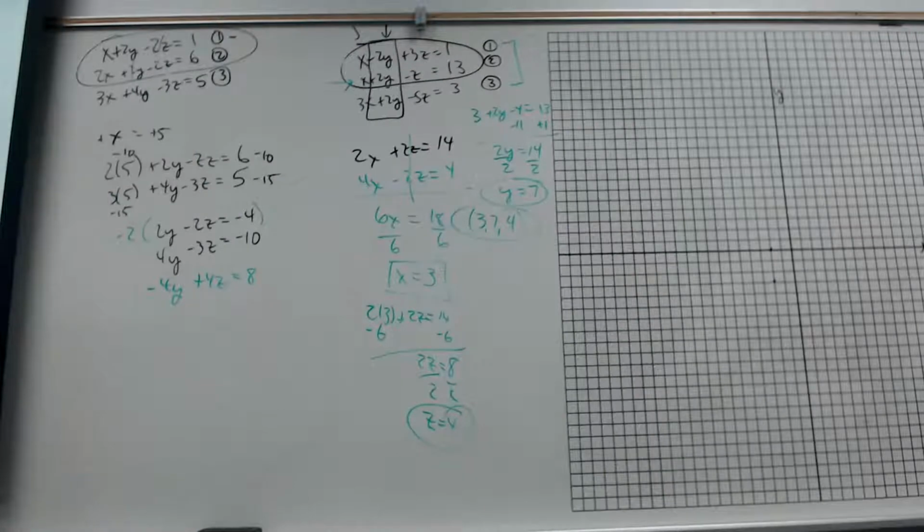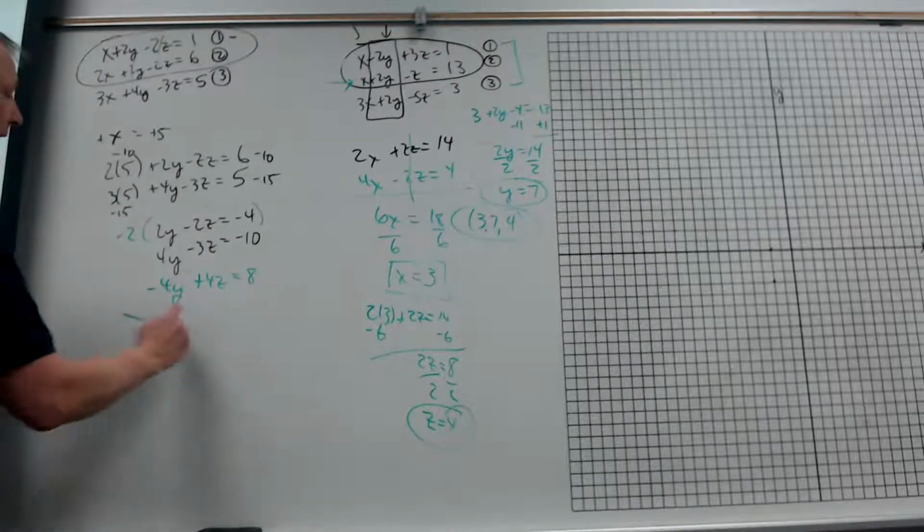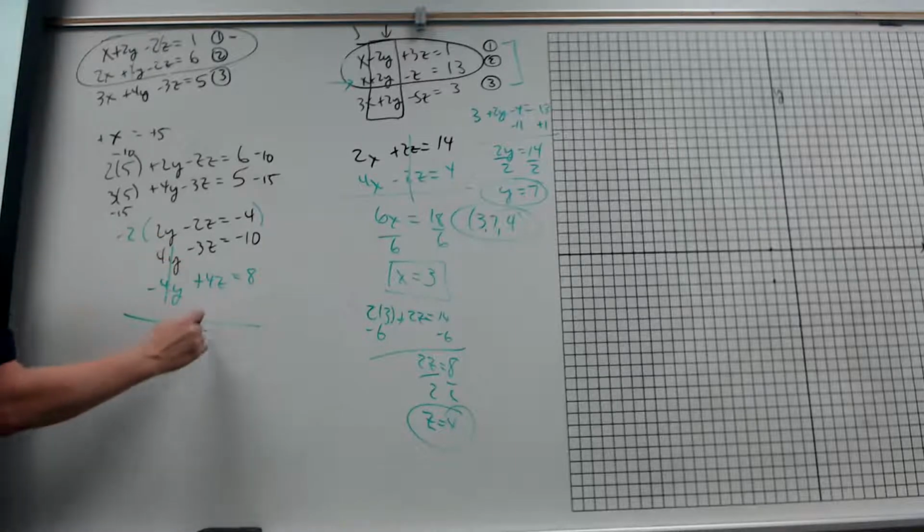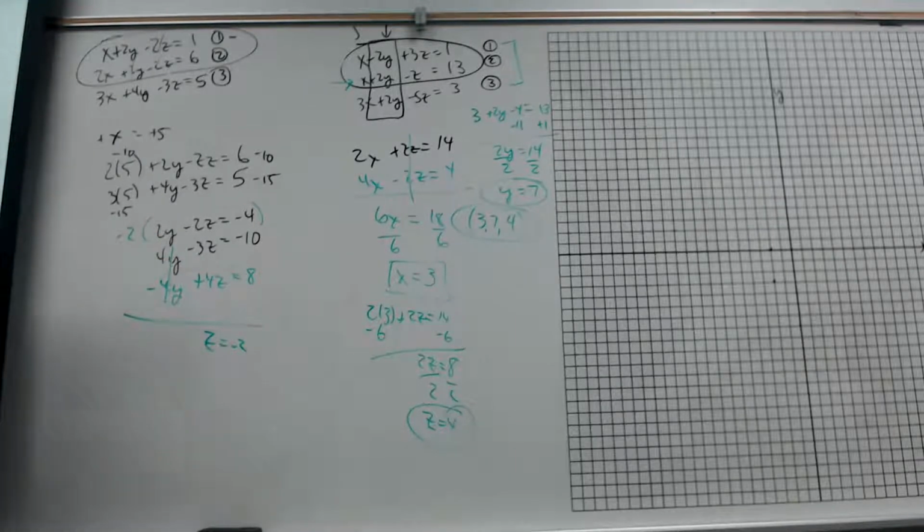I think I must have written this problem down wrong or something. All right, anyway, so the y's eliminate. I'm going to get z equals negative 2. This is really surprising to me.